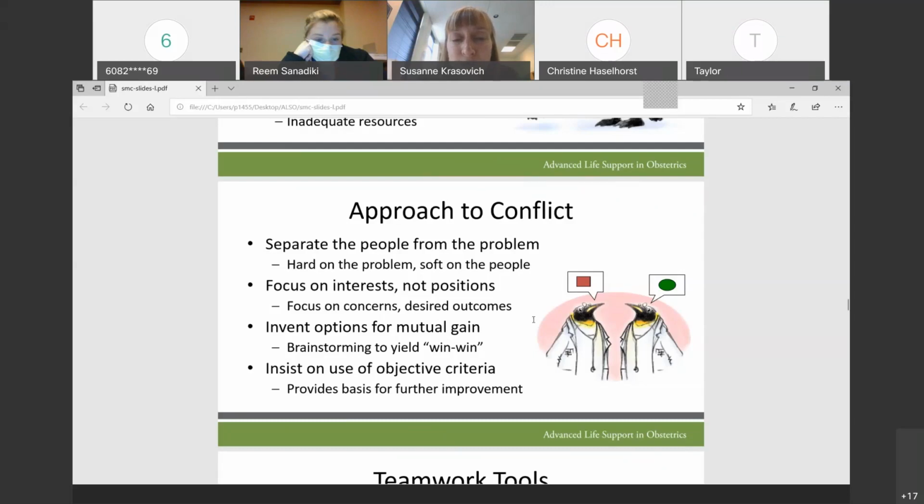And it's helpful to brainstorm and think about any available options for mutual gain. How do you turn this situation into a win-win situation? And finally, you can insist on the use of objective criteria. So often we talk about the best evidence or a particular policy or protocol. It provides a basis for further improvement.